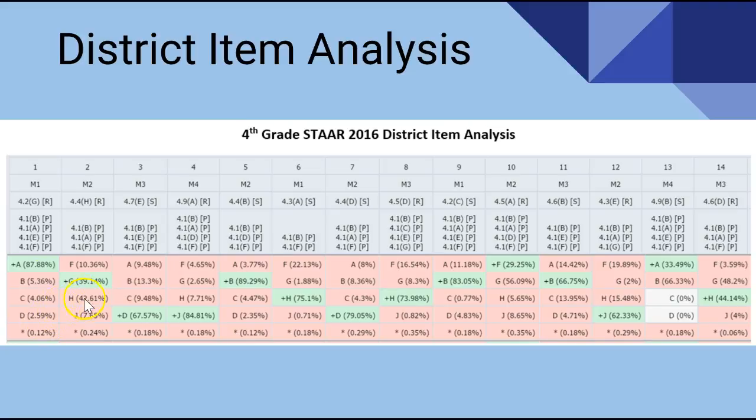But if you look at item number 2, 42.61% of our students chose H, which was more than the 39.14% that chose G, which was the correct answer. So you might want to look at H and see what was the distractor on letter H. Now, the very last row shows you the percentage of students who did not answer the question. They didn't even guess.